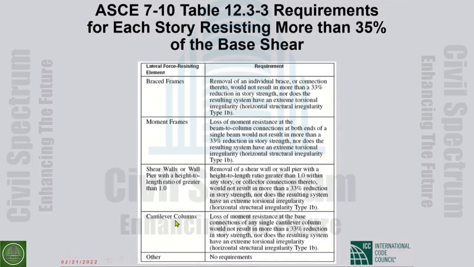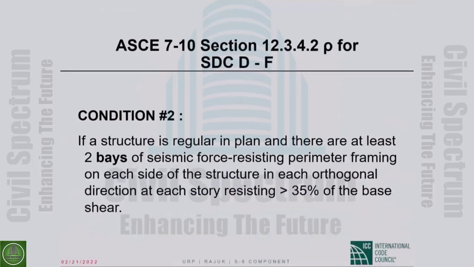And if it is a cantilever column system, you insert a hinge at the base of a cantilever column. Okay, so that's what we mean by removing a member. That is condition number 1.